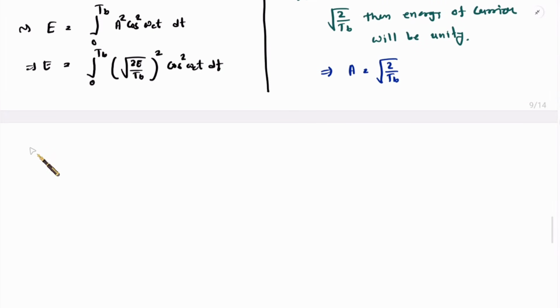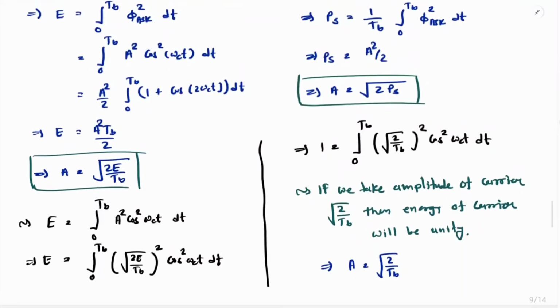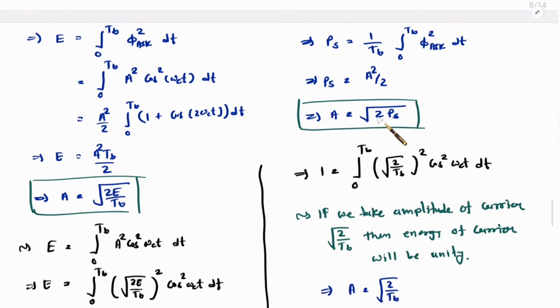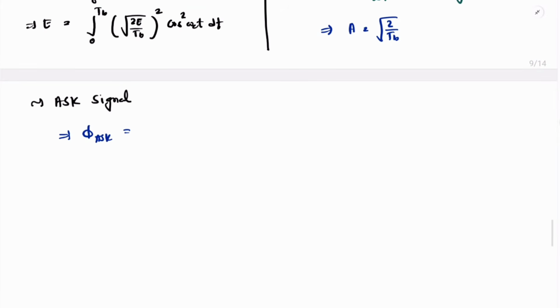Here we will be having the ASK signal, and we need to understand it for logic 1 only. So instead of A, what I'll write? Square root of 2PS cos of omega ct, and that is for logic 1, right?